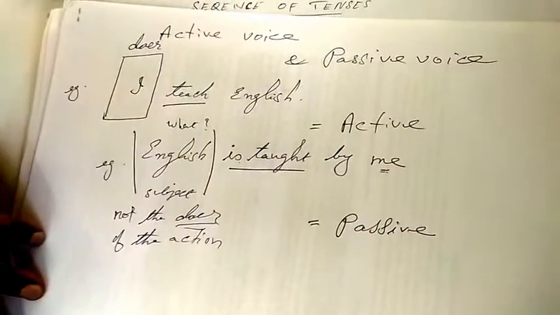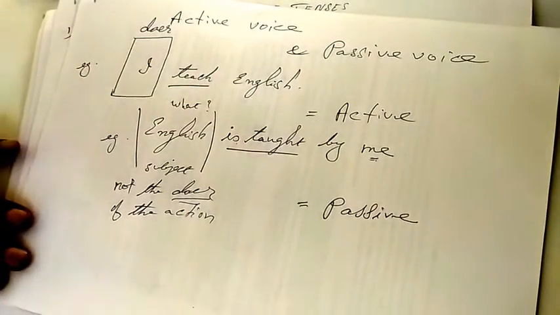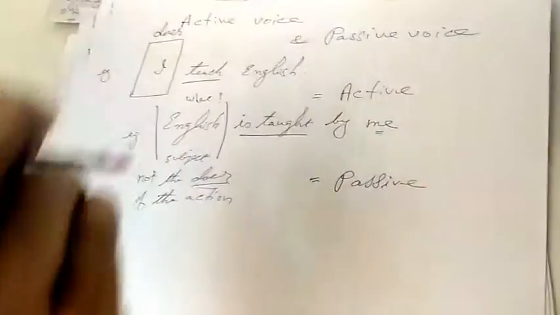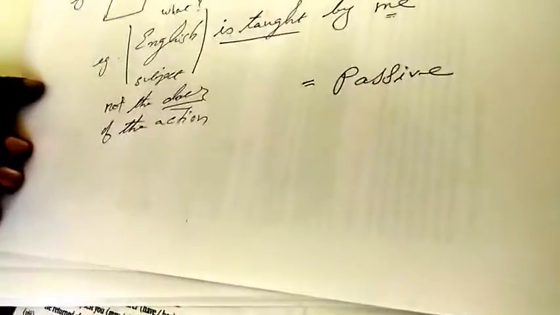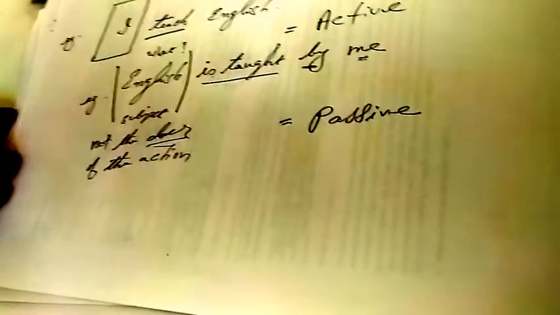Now, maybe this sounds a bit theoretical, but to make it very practical to you, note it down very carefully and print it in your mind. How do you identify a passive voice? Are you going to look for by, or going to look for something else just to say that a given sentence is passive?